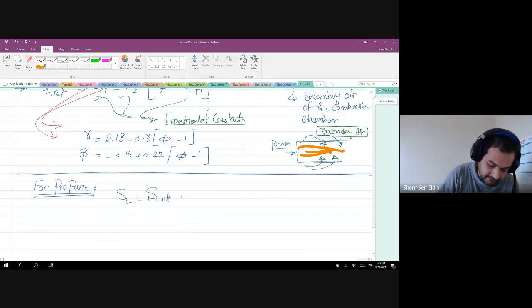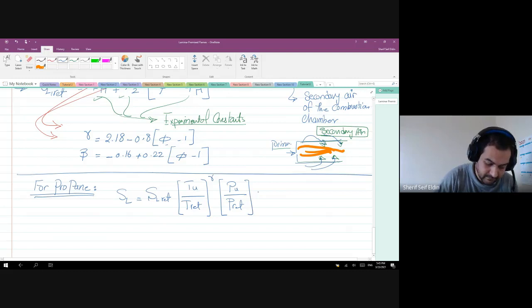SL reference, TU over T reference to the power gamma, and PU over P reference to the power beta, and 1 minus 1.2 Y dilution, the Y of the dilution. And knowing that T reference is atmospheric, P reference is 1 atmosphere. Okay.